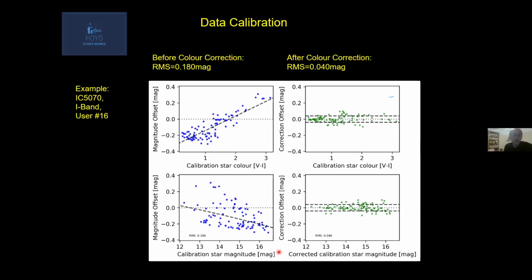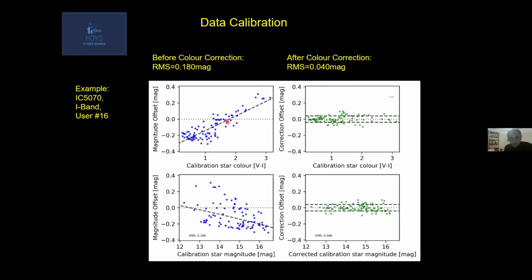And I've picked out a really bad example where once we've done the calibration, you can basically look at the difference in brightness in magnitude here, that's the y-axis, as a function of the color of the stars in a picture. And you can clearly see that the red stars, they deviate by 20% positively. The blue stars, they deviate by about 20% negatively. So that usually causes a lot of noise in the light curves.